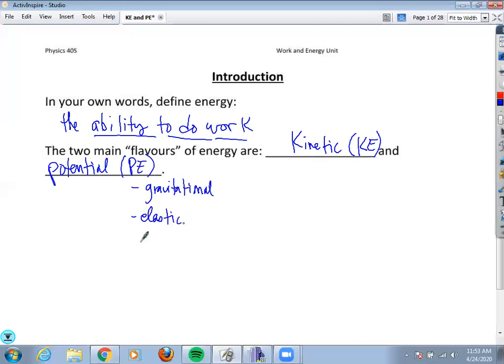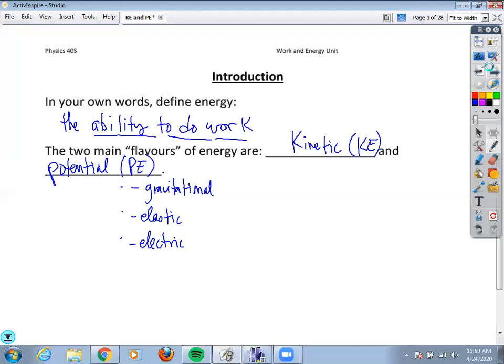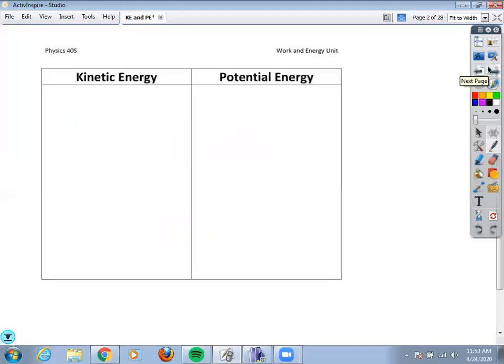We'll be exploring electric potential energy. And you might have, in chemistry, learned about chemical potential energy, specifically the energy that's stored in bonds. But in physics, we'll be looking at these three here. I'm not going to fill that in now, just the different types, so we'll just do that.